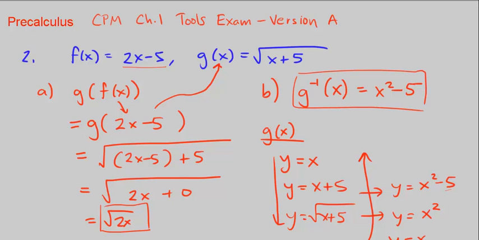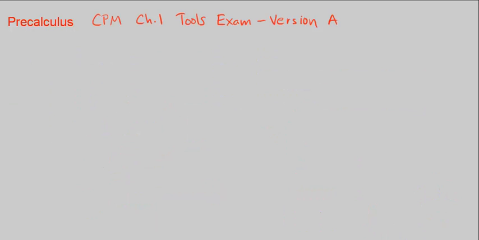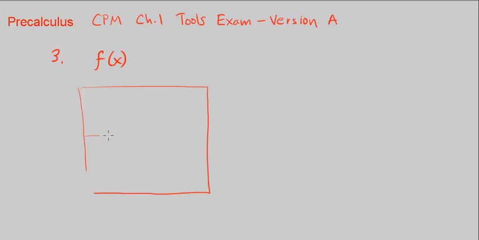Okay. So now let's go on to number 3. Okay, number 3. We were given the graph f of x. Okay? And I don't have it, so I'm going to sketch it.